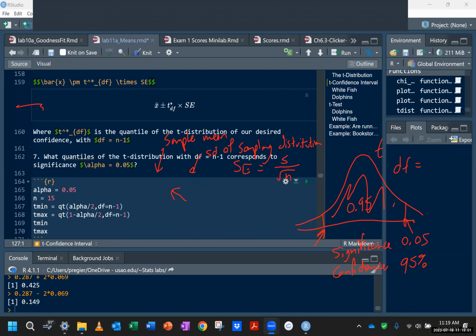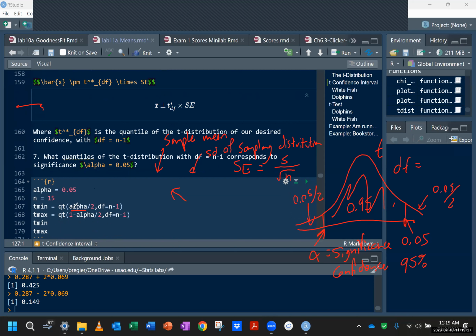So if we look at our significance, that's alpha, at 0.05. We need to make sure we know what N is. And then we say QT, whatever our significance is, and we divide it in half, so 0.05 divided by 2. That means our whole tails add up.